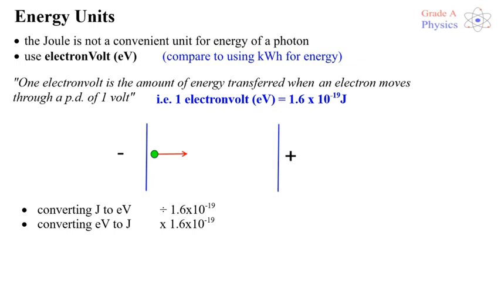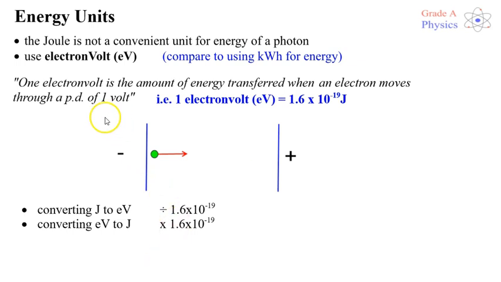If you compare this to what you might have studied in mechanics, you might have done this at GCSE, you had to learn about the kilowatt hour. That was more useful when we're talking about very large amounts of energy, for example, in domestic energy bills. We could talk about units of electricity use, so 15 units or 100 units, and that's the kilowatt hour. This is the same idea, but for very, very small values of energy.